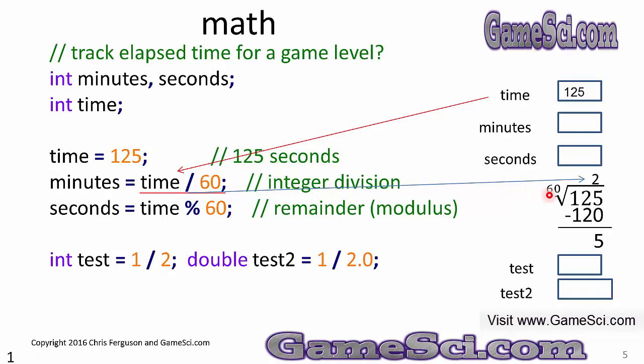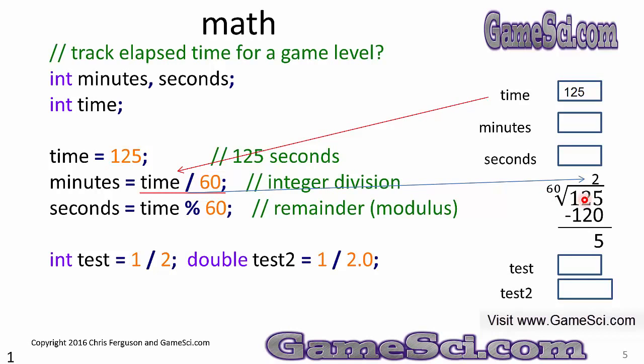If I take 60 and divide it into 125, we should know that 60 fits into 125 twice. And that's what integer division is going to get you. Integer division will not have a decimal point. Integer division will tell you that 60 divides into 125 twice.